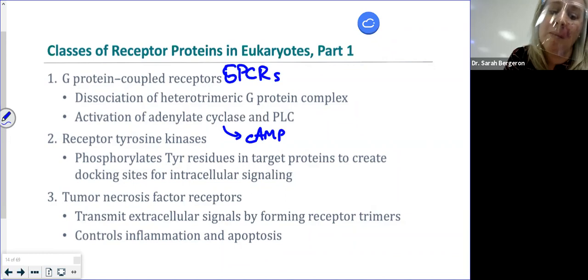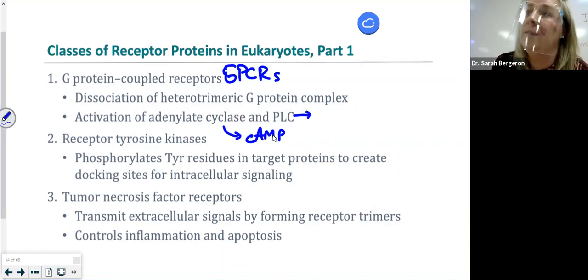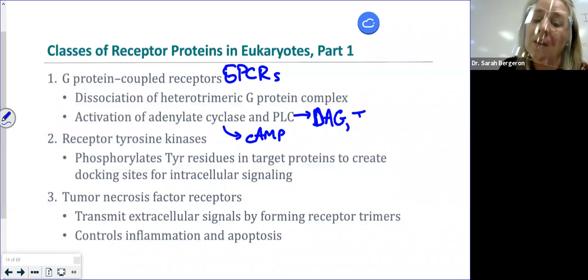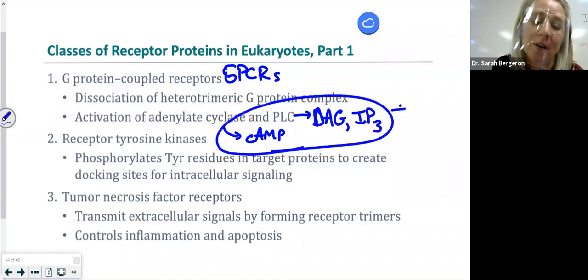What is PLC going to make? It's going to take PIP2 and turn it into DAG and IP3. So these three things are all what? Second messengers.